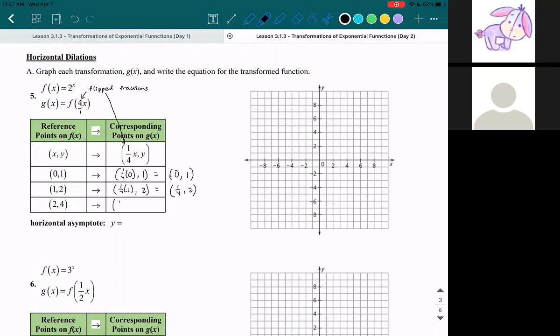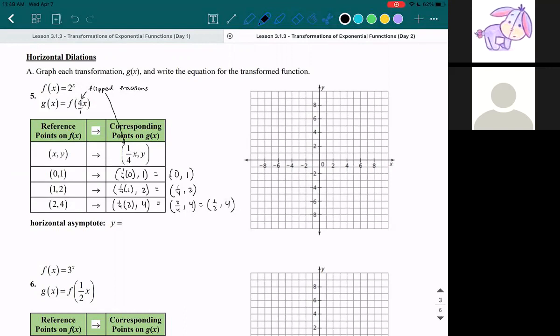Last but not least, we have 1/4 times 2, 4. The y value remains unchanged. Remember, the y value remains unchanged when you're doing horizontal anything. So horizontal means we're changing the x value. In this case, 1/4 times 2 is 2/4, which simplifies to 1/2.